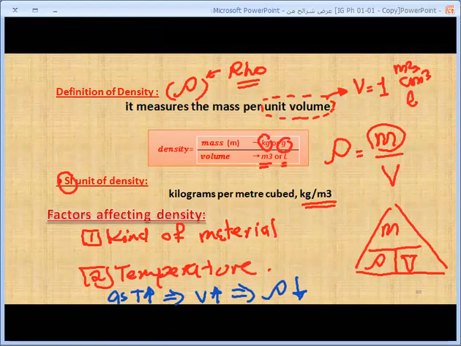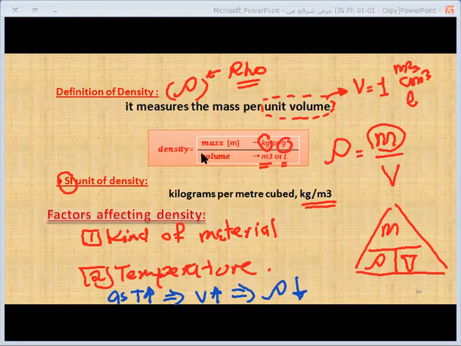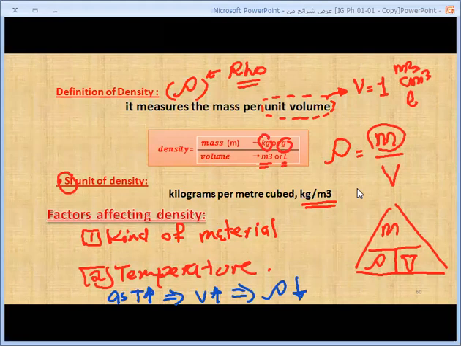Abdelrahman Elkhodary. Yes, mister. I didn't understand the temperature. Okay, Abdelrahman. What does the temperature do? Remember that the density equals mass divided by volume. Does the temperature affect the mass? No, it doesn't affect the mass.